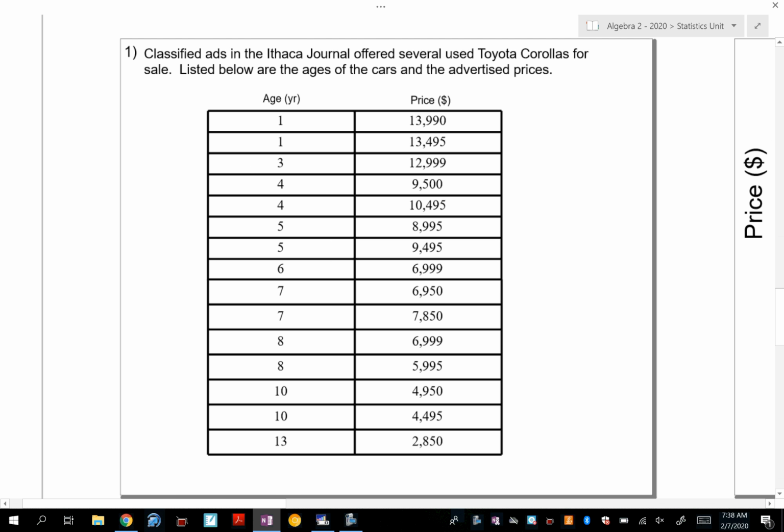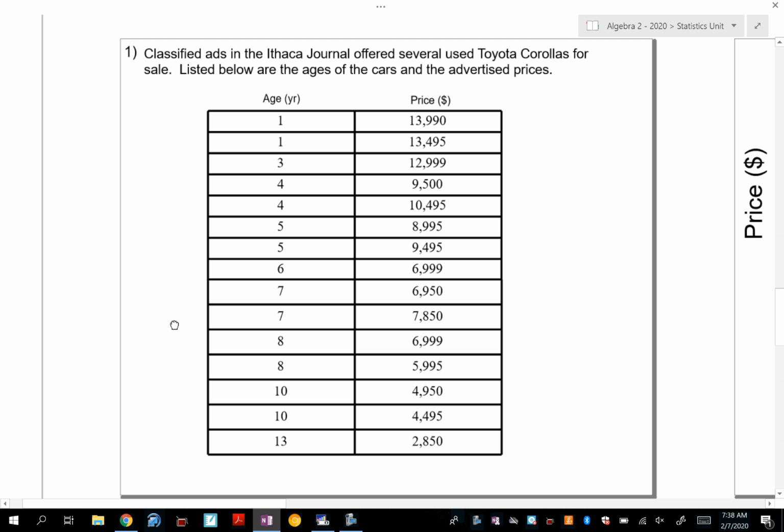We've got several used Toyota Corollas that are for sale. You can see the first variable is how old they are, so age. So 1 year old, which is fairly new, all the way to 13 years old. And then this is the price that they are listing to sell it at.